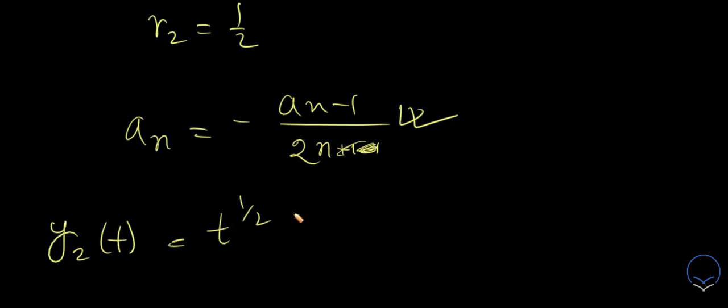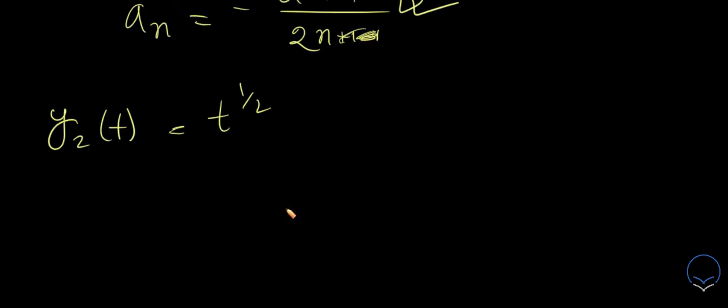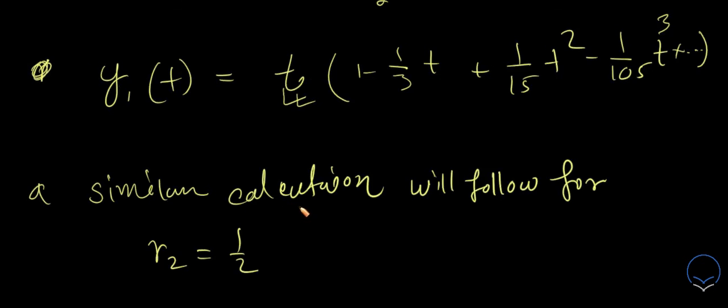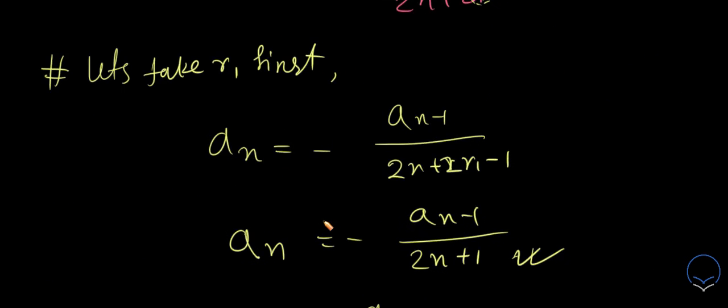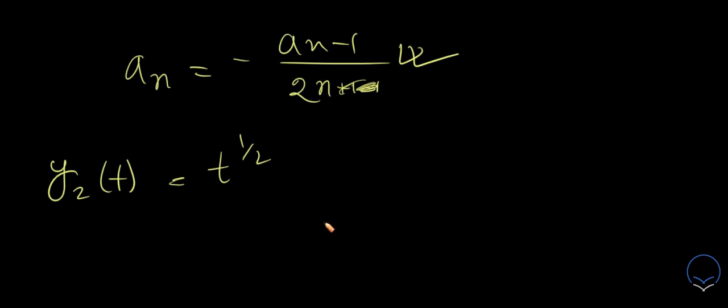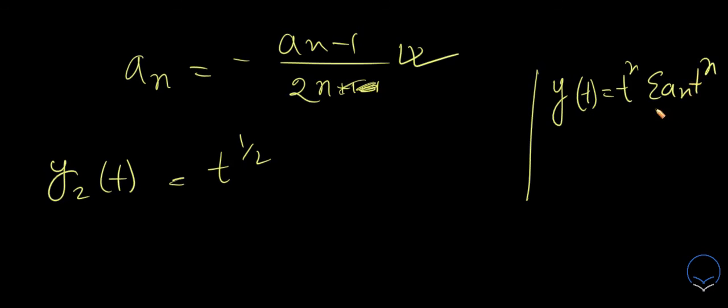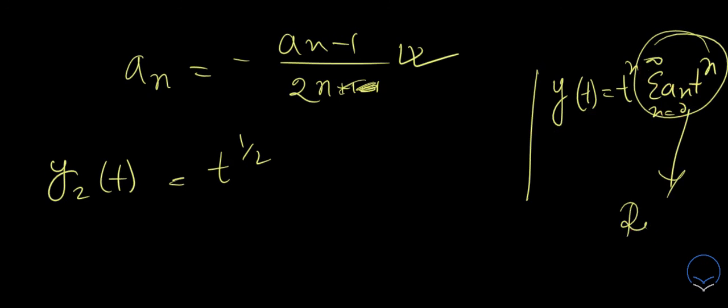t to the power half, because if you recall, why am I writing a t and a t to the power half? You might get confused, so let me clear it out for one last time. Let me just write it over here so that I don't have to scroll anymore. We wrote our solution like this, t to the power r summation over a_n t^n, for n equals 0 to infinity, and this part is coming from the recursions.